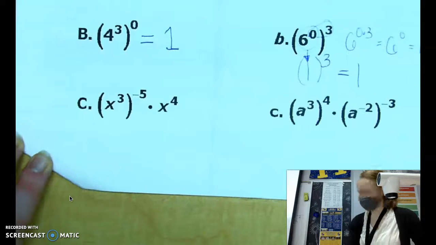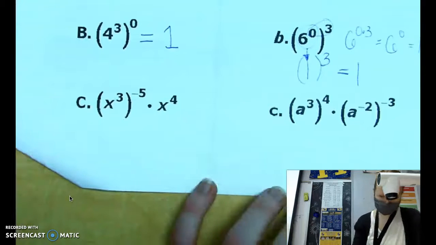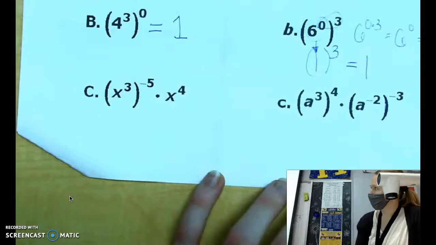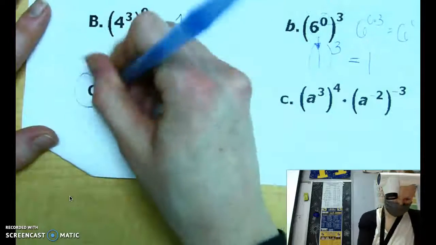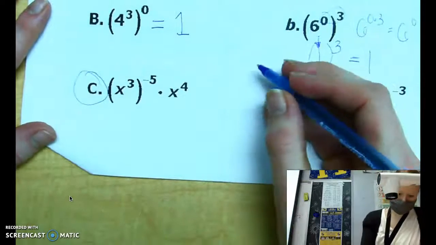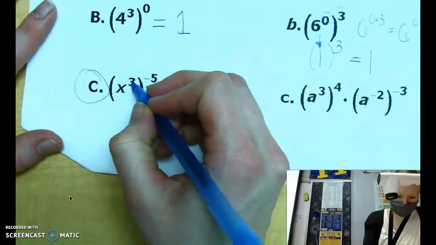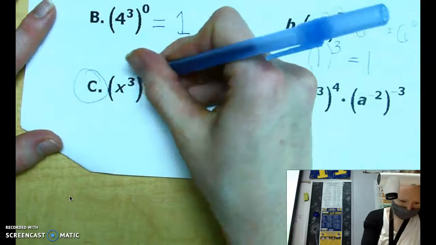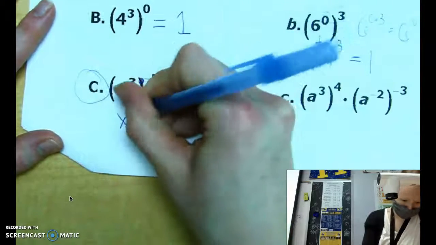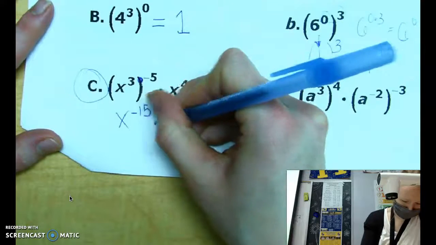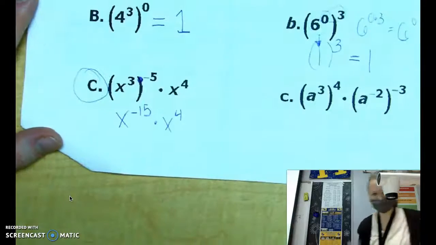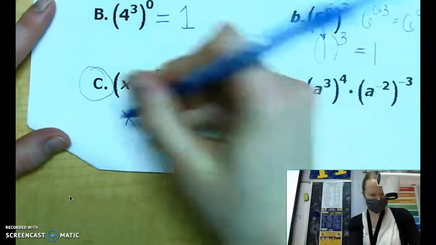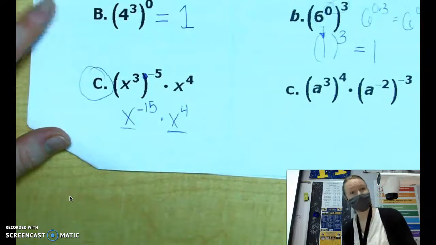Okay, I like question C. Let's go over this one together. Actually, let's do this C, capital C. First things first, I see a power to another power, so I have to multiply those exponents, right, to get x to the negative 15th power. Do you see how I have 2 of the same base?